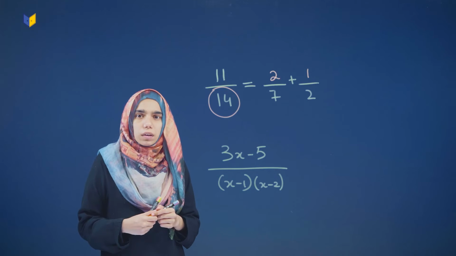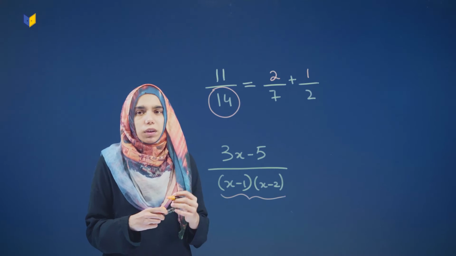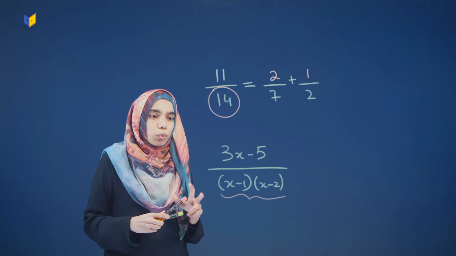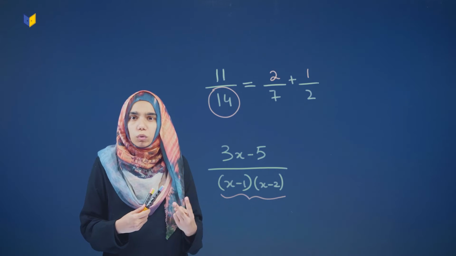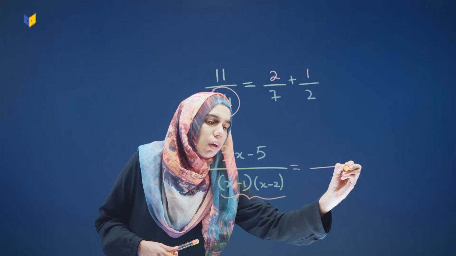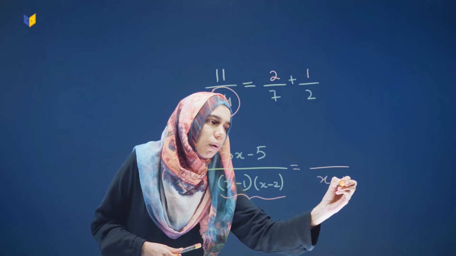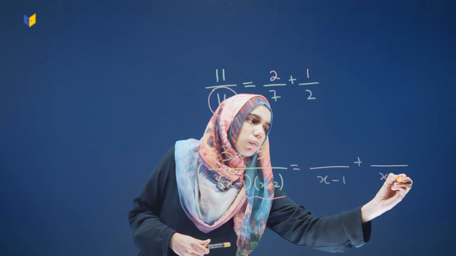And the answer to that depends on the factorization of this denominator. Since I see two factors in the denominator, that tells me there should be two partial fractions. So I'll have two partial fractions with denominators x - 1 and x - 2.